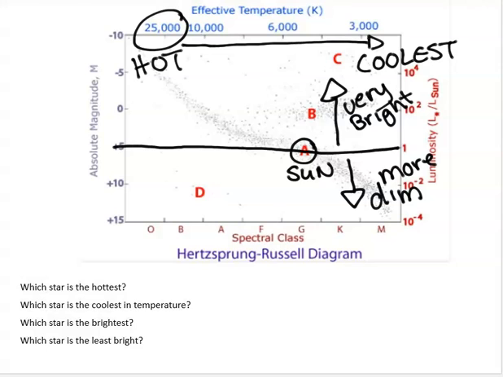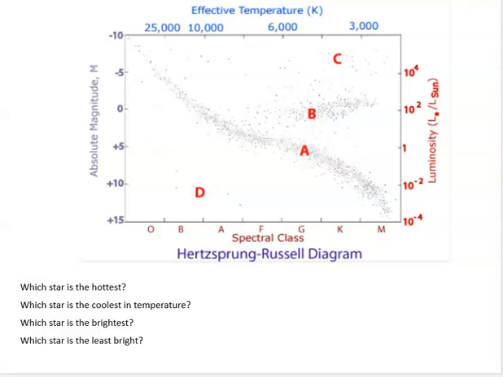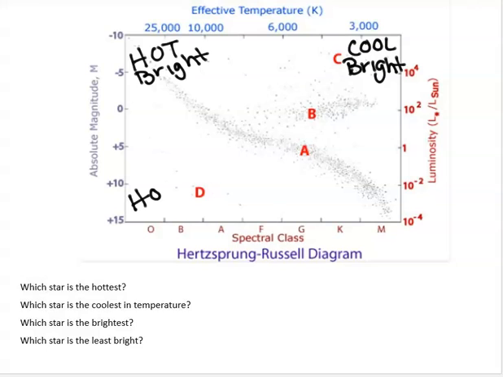Okay, so when I go to label my quadrants here, these stars would be hot and bright. These stars over here would be cool and bright. The stars down here in this corner would be hot but dim.